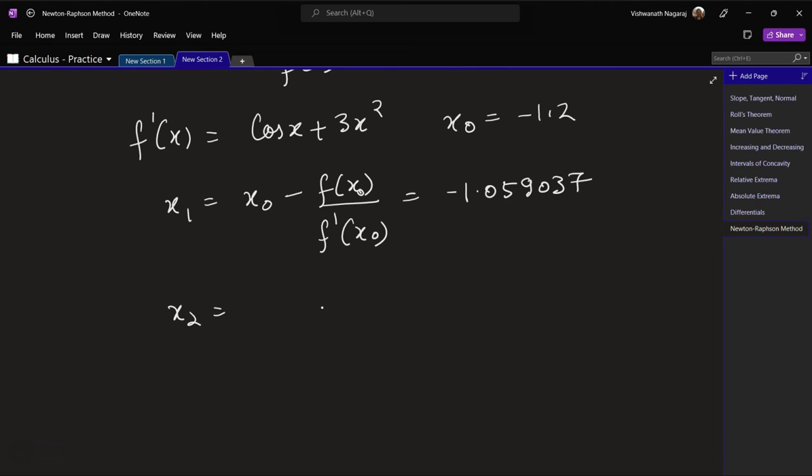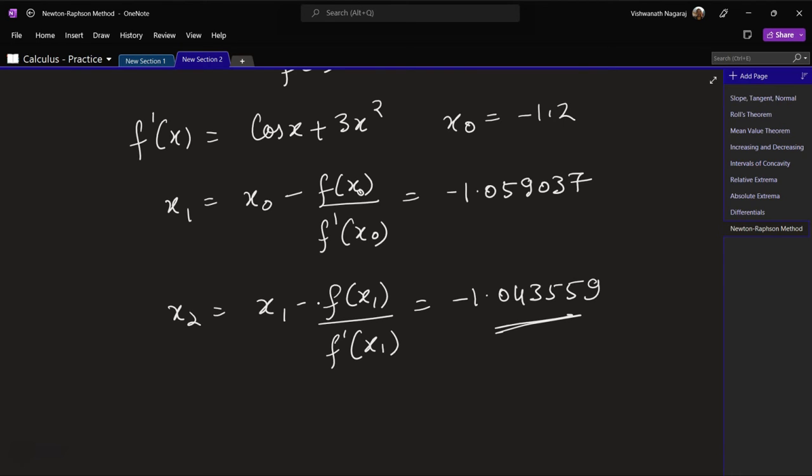Now x2 is equal to x1 minus f of x1 by f prime of x1, which will give us minus 1.04355. Okay, so this would be the result.